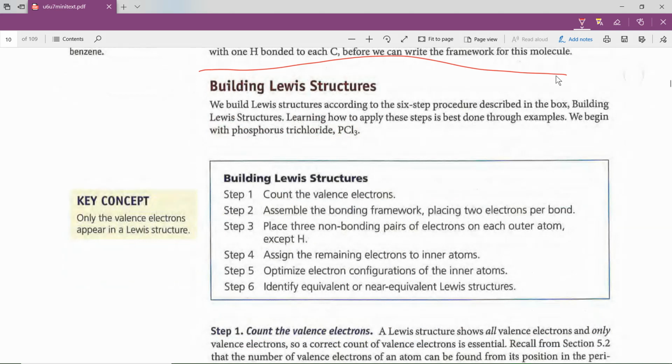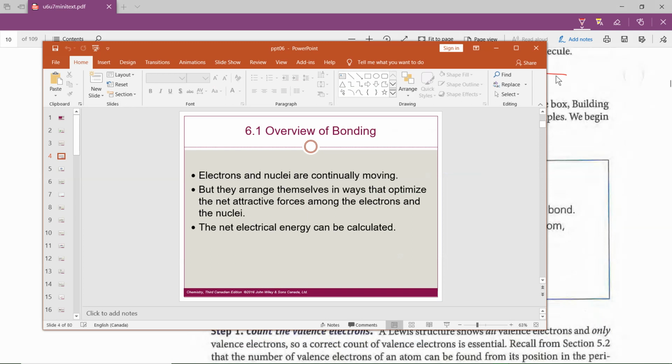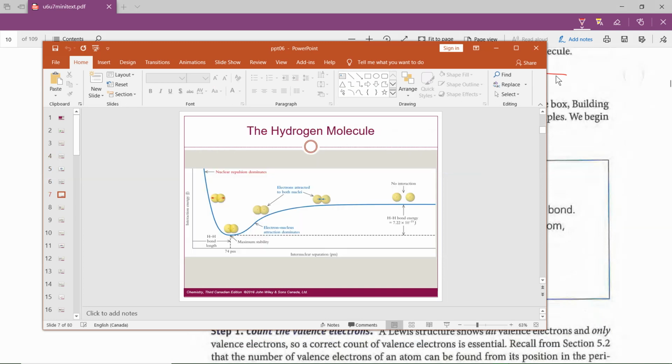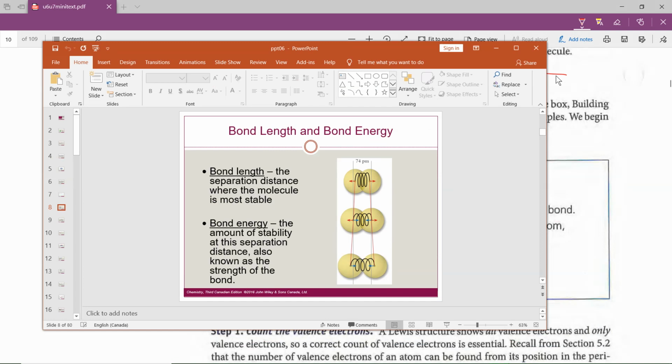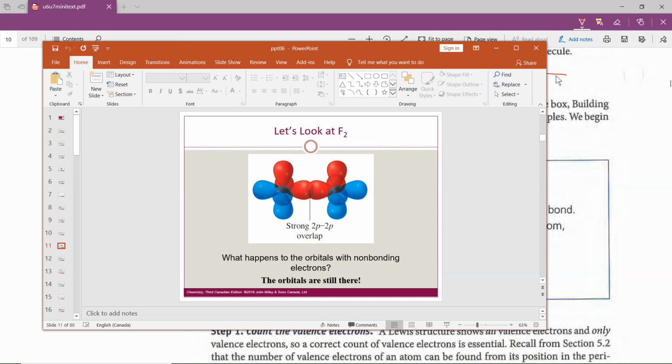Let's just take a quick peek and see if our slides give any other details that help. For covalent bonds, there were those graphs: bond energy to break the bond, strength of the bond, bond length, we talked about that. With fluorine, we can get the overlap.